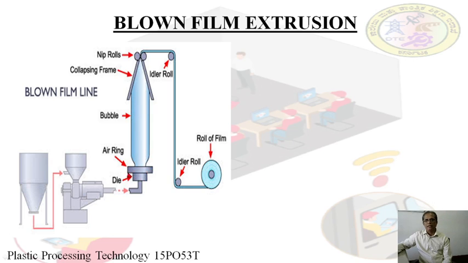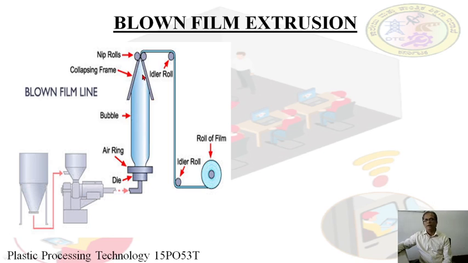Very near to the die there is a ring, called the air ring. Air is blown over the bubble-shaped film in order to cool and solidify it.